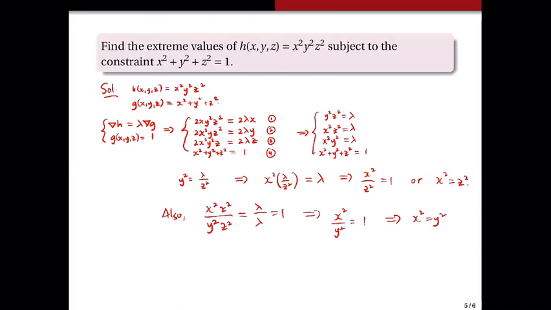Which therefore gives us what? Using now the last equation, we will have 3z squared equals 1, and therefore z squared equals 1/3, and therefore z equals plus or minus square root of 3 over 3.